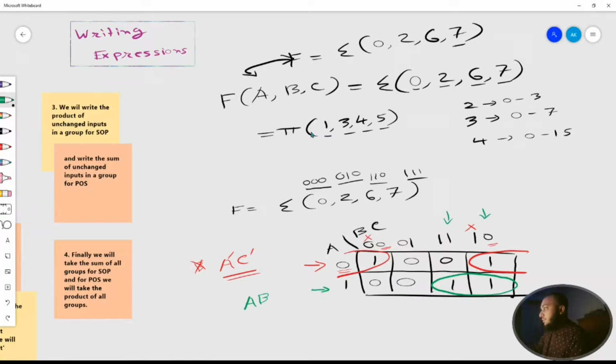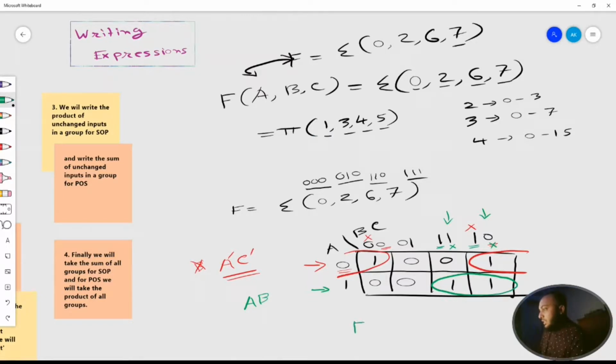In the third and fourth column we can see B is not changing and it has remained 1, so we will take only B, not prime. And we can see C has changed from 1 to 0, from third column to fourth column. We will not take C for the green group.